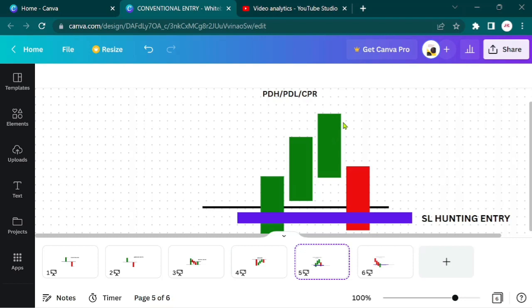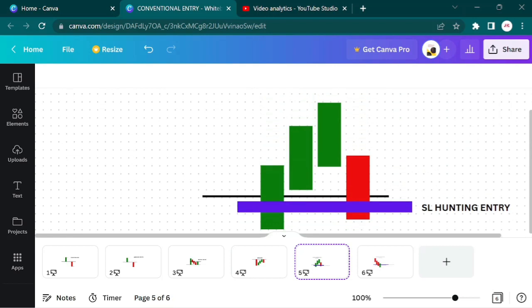It is penetrating the particular PDH, PDL or CPR, and if the reverse happens immediately, you should be very careful, all the SLs will be hit, and definitely the trade will reverse. Parabolical moves are two types.